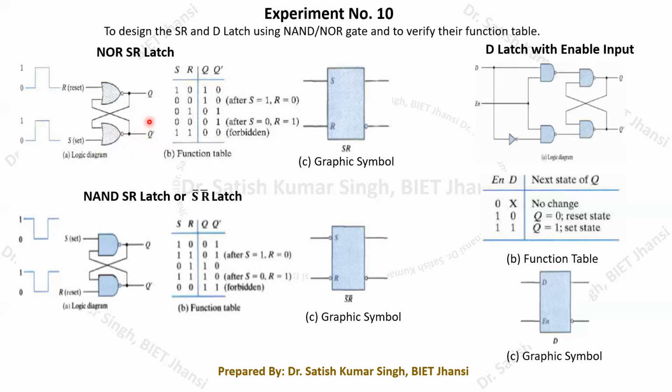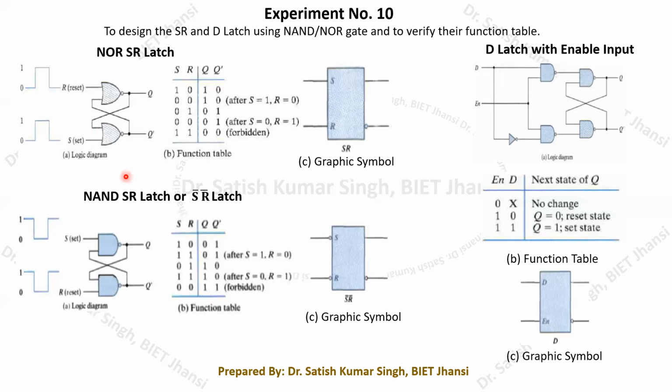Here you can note down that when we make S equal to 1, as you know it is a NOR gate. The Boolean function of a NOR gate is (A plus B) whole complement. When we have two inputs and one of them is high, the output will be 0, irrespective of the value of the other input, because the function is (A plus B) whole complement.